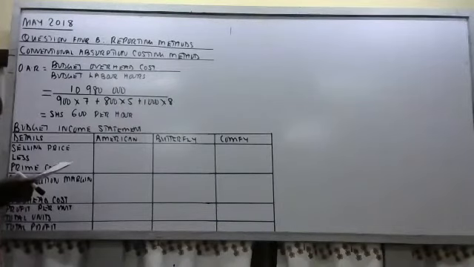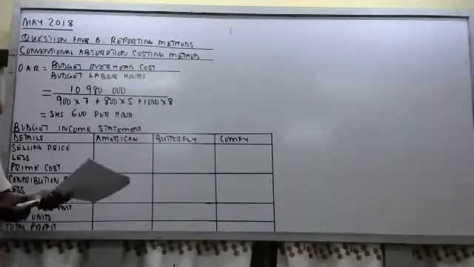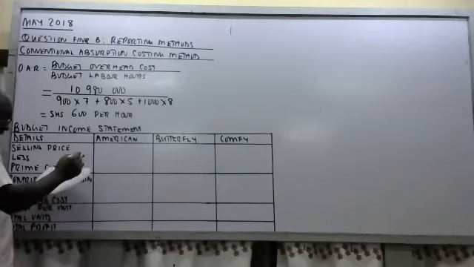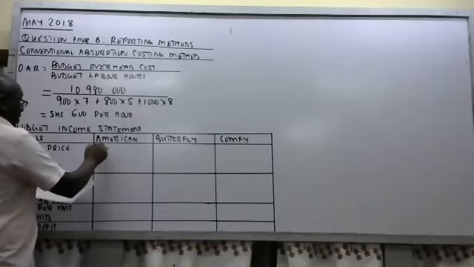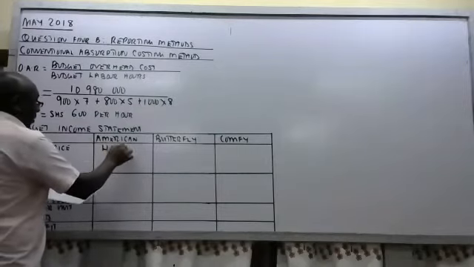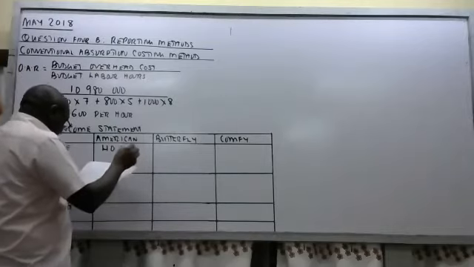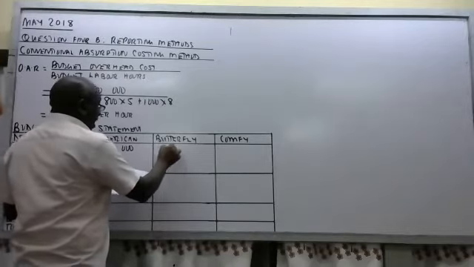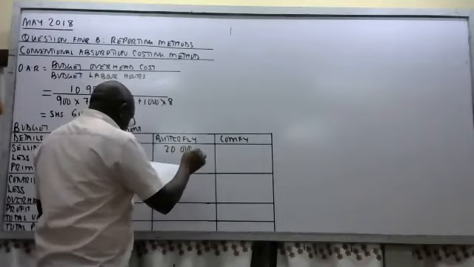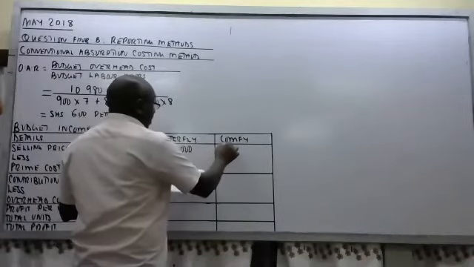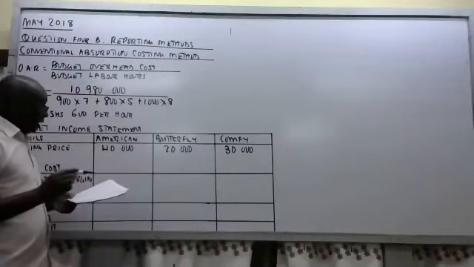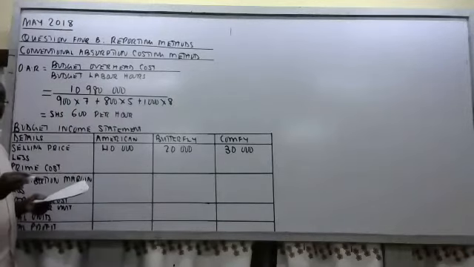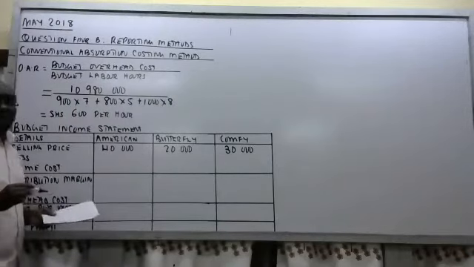So when you look at the data given up there, the selling price for American is 40,000. For Butterfly, it is 20,000. And for Comfy, it is 30,000. Then there is what is appearing like price cost. It's supposed to be prime cost.